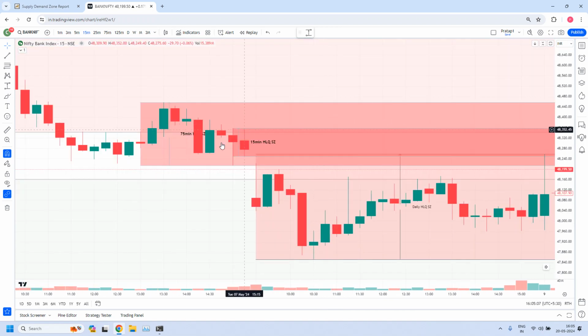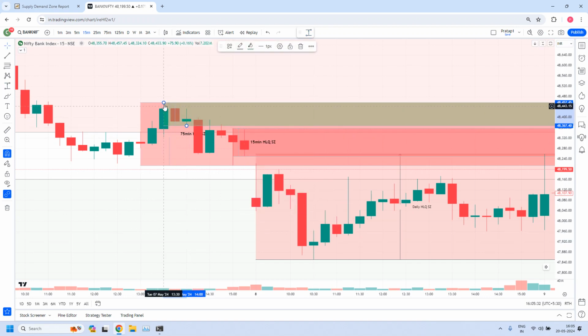Apart from that, you have one more fine-tuned zone available. You have a rally, 2 base candles and a drop. This is a fine-tuned zone. This also you can draw. Here also a fine-tuned 5 minute zone is there. You can plan a trade. It is a HLQ trade. You can draw a 15-minute zone like this, a fine-tuned 15-minute zone.